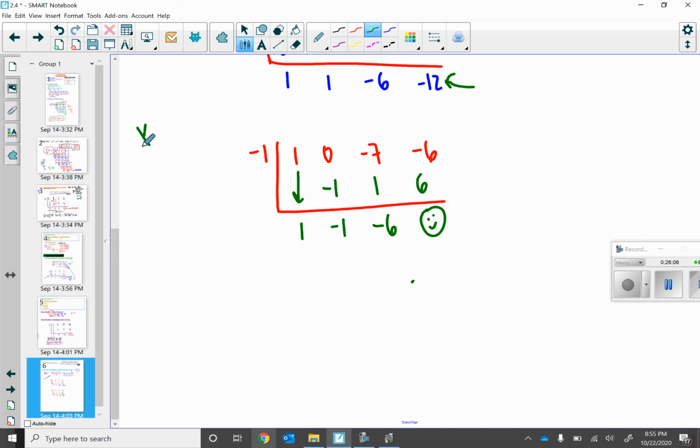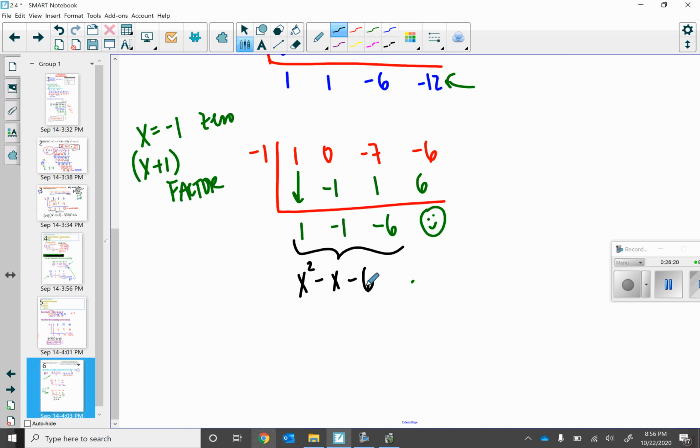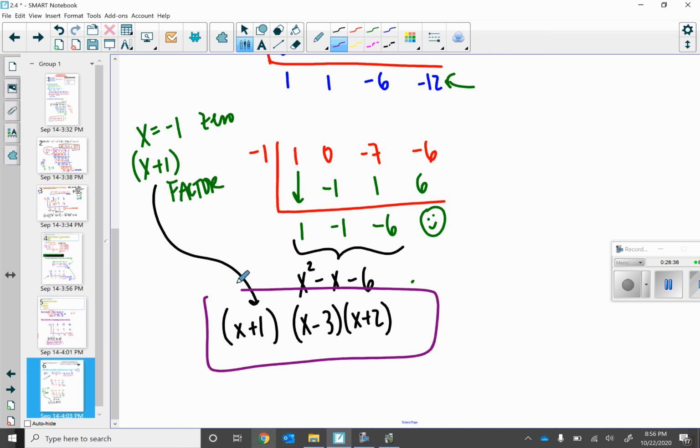So x equals -1 is a 0, or x plus 1 is a factor. Now I have an easier thing here, right? This is x squared minus x minus 6. That I can factor no problem. X minus 3 and x plus 2. And our original one we just found, x plus 1, and we're golden. All right, have a wonderful day.